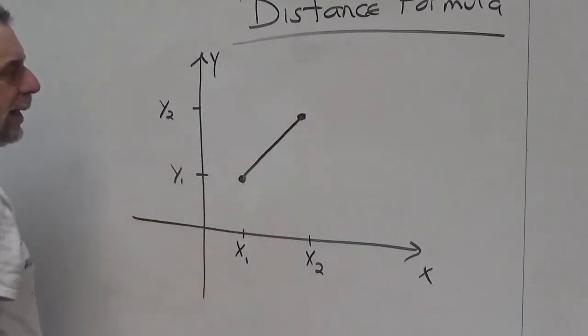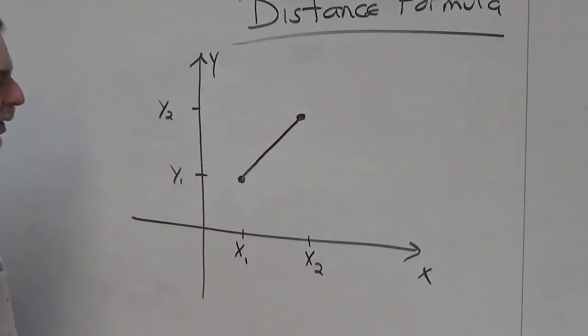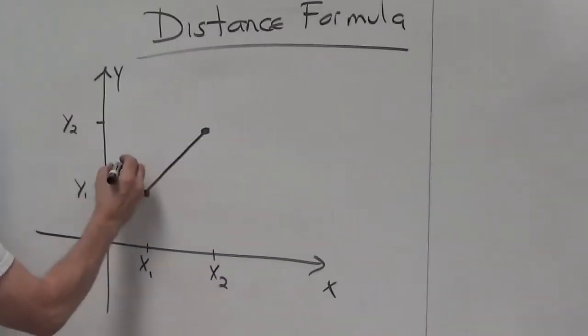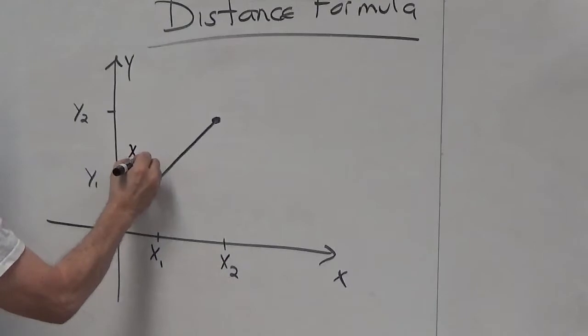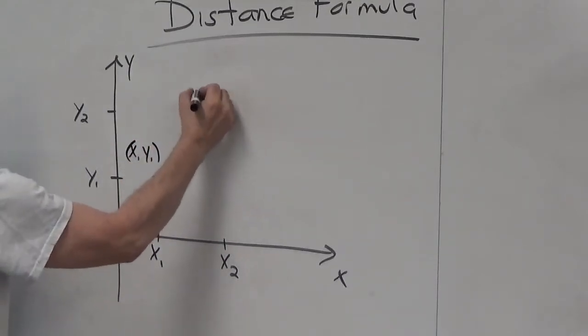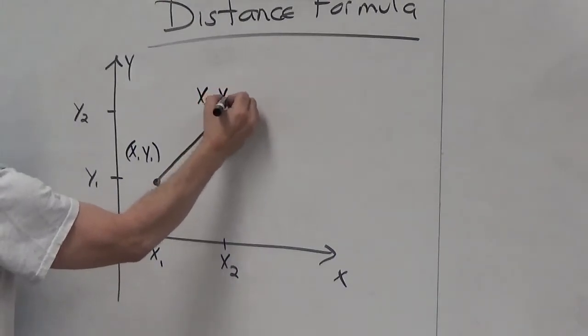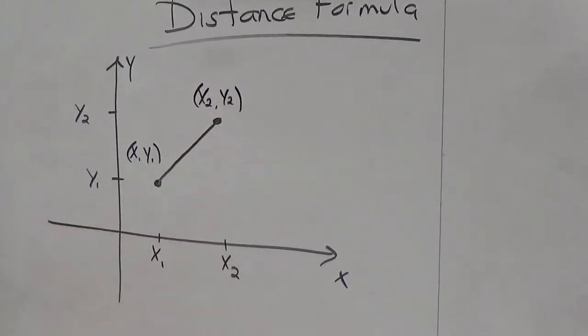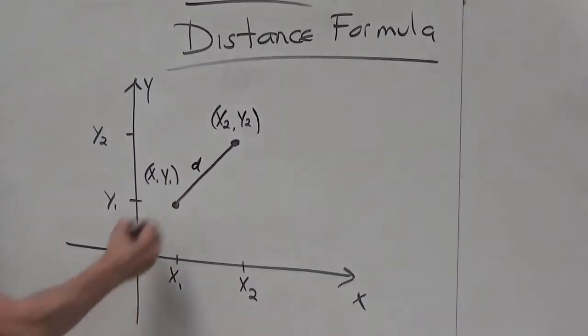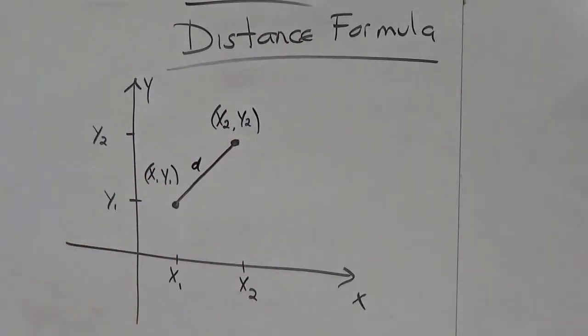We are interested in what is the distance from one point to another. So if we do it like this, we have 2 points, right? This point is x1, y1 here, and this point is x2, y2. And we want the distance. We'll call it d for distance between those 2 points.